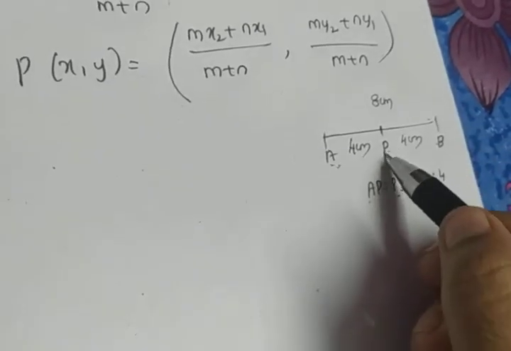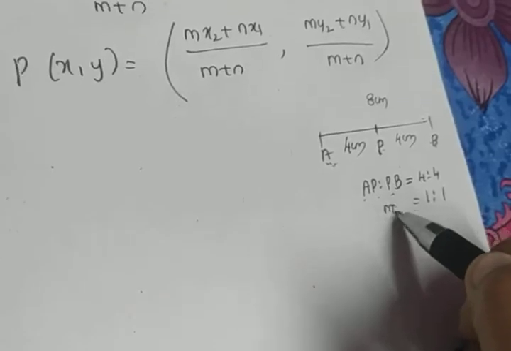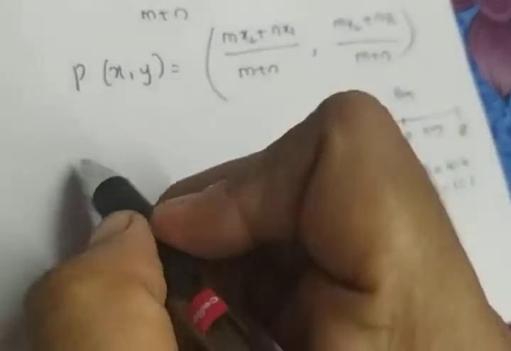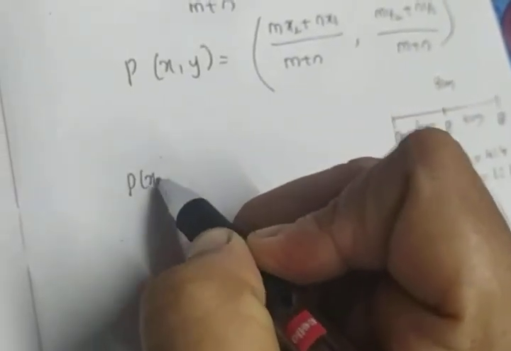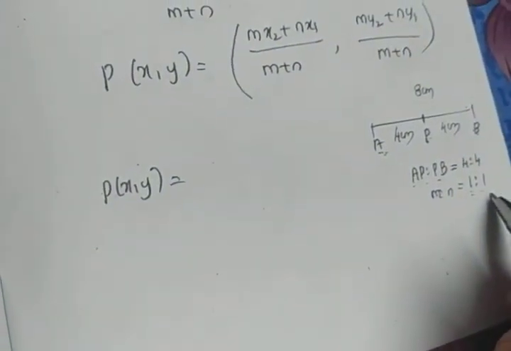So if P is the midpoint of the line segment AB, the ratio m is to n becomes 1 is to 1. So if I need to calculate P(x, y) using the section formula, instead of m and n, I can substitute the value 1 and 1.